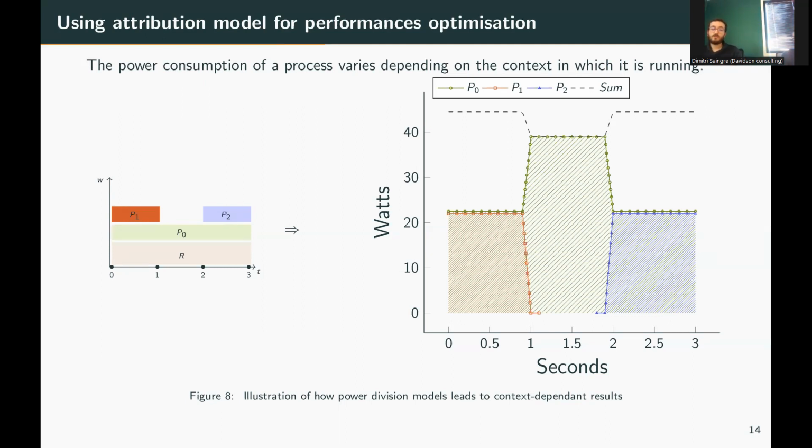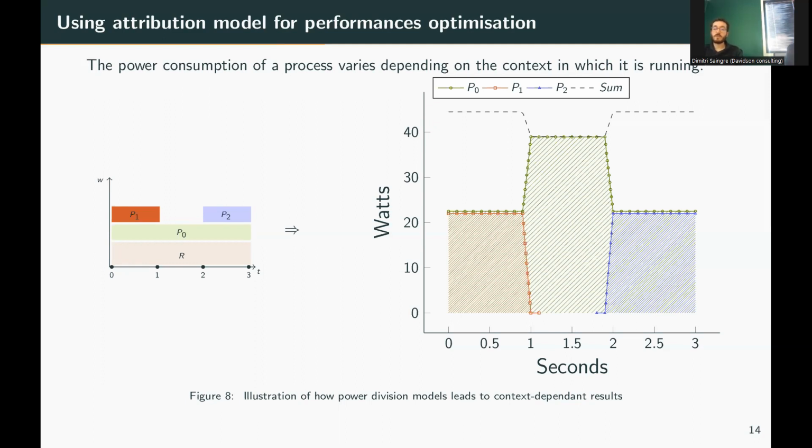And if you run this kind of experiment with division models, you will have this kind of curve in the energy consumption. So first, P0. You will observe that the energy consumption profile of process 0 will increase when it is alone on the server, and then it will decrease back when P2 is starting.